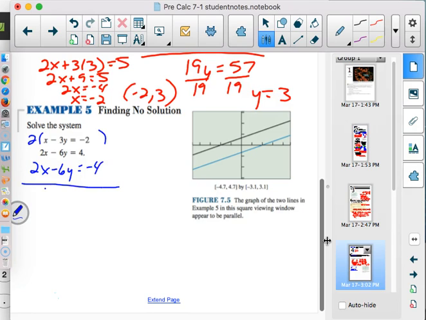Well, that's going to be 2x minus 6y negative 4. Negative 2. Thank you. There we go. To get them to be opposites.